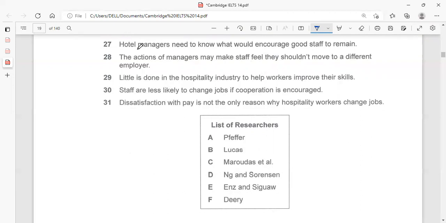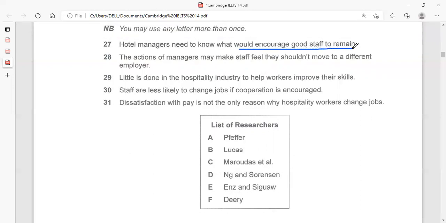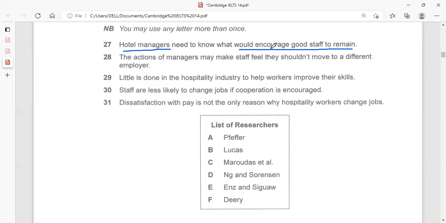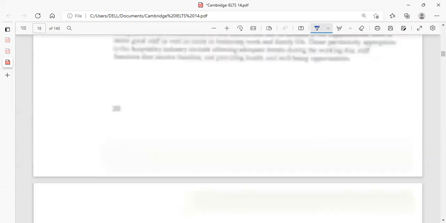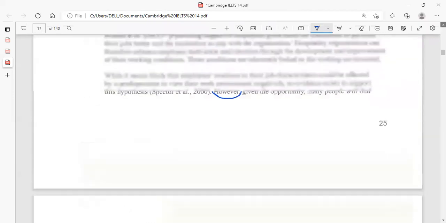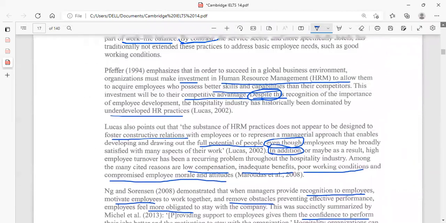Okay, ma'am. The words: hotel managers need to know what would encourage good staff to remain. Right now, you've already done the underlining and circling in the passage. So try to find these words. They should know how to encourage good staff to remain. So quickly, let's go back to the passage, just the scientist areas. Don't read everything, only the areas where the scientists are mentioned.